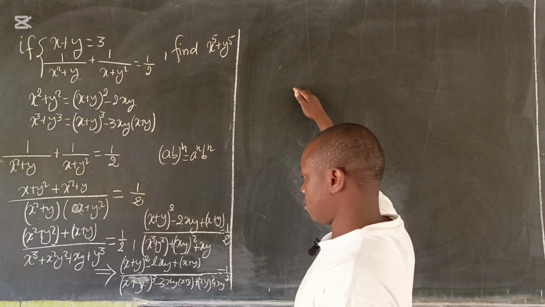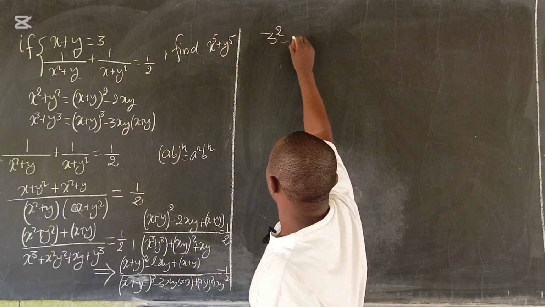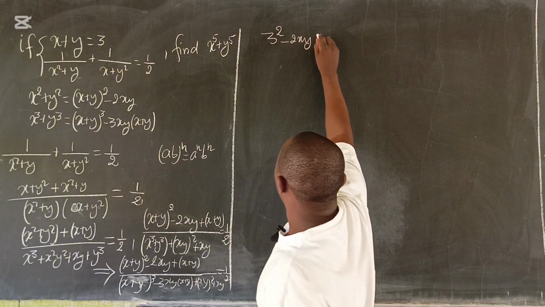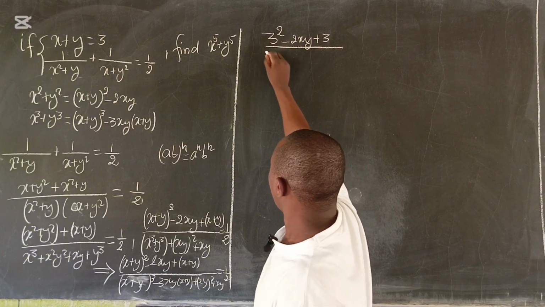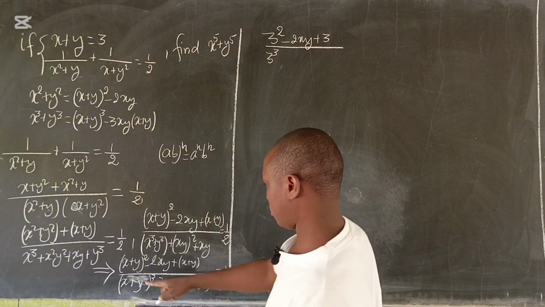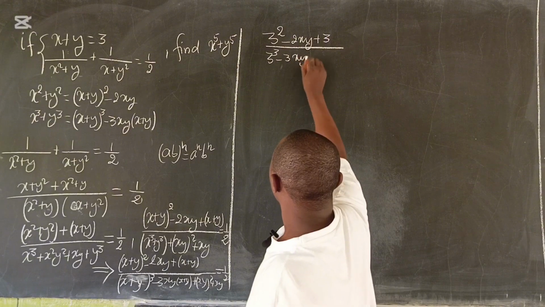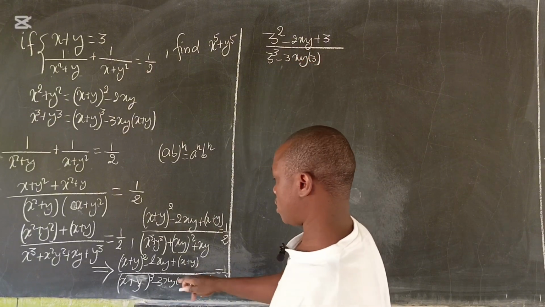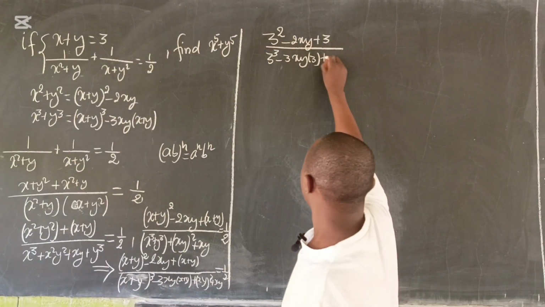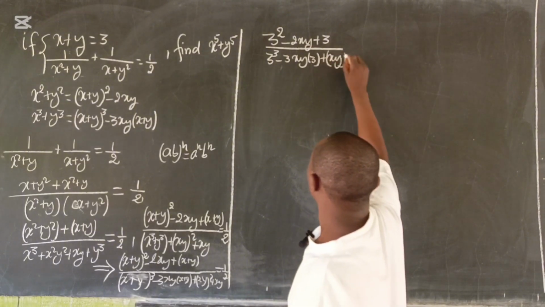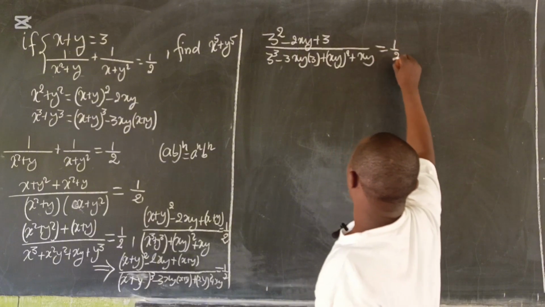Here is 3 power 2 minus 2xy plus 3 over 3 power 3. Here negative 3xy into 3, because the sum of x and y is 3, plus xy power 2 plus xy, which is a half.